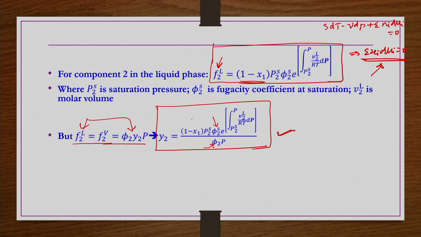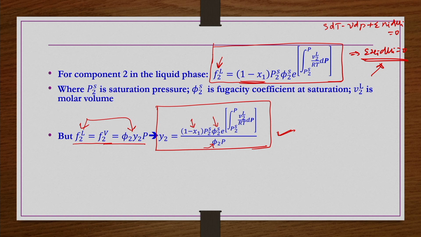But what is x1? x1 is how much of the lighter gaseous component is present in the liquid phase, because now the gas is also dissolving in the liquid phase. Not only is the liquid dissolving in the gas, the gas is also dissolving in the liquid phase.